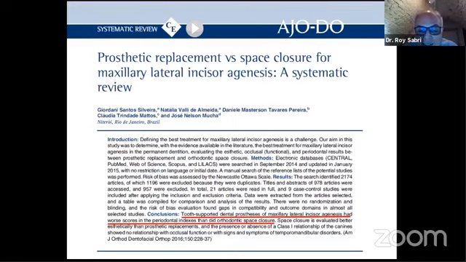Tooth-supported dental prostheses had worse scores in the periodontal index. Space closure is better aesthetically than prosthetic replacement, and it shows better occlusion. Okay, it's better aesthetically, not always. If you have an oversized canine, it's not going to be better aesthetically. If you cannot trim much from the lingual, your canines are going to be bulging. It's not going to be better.